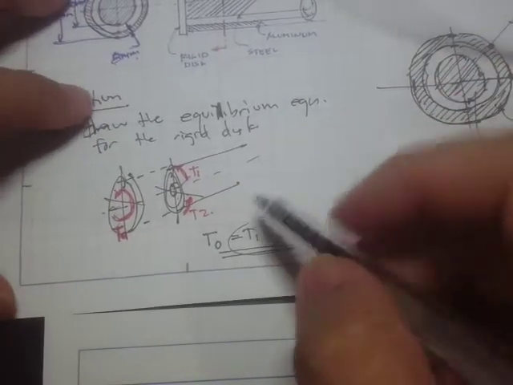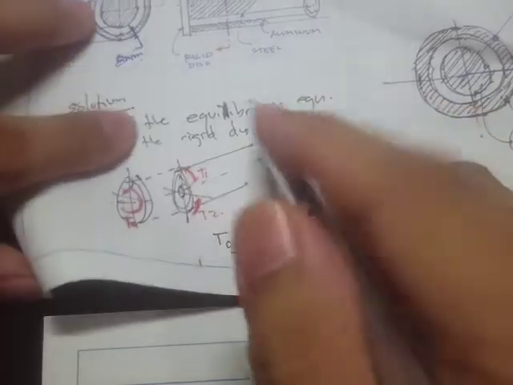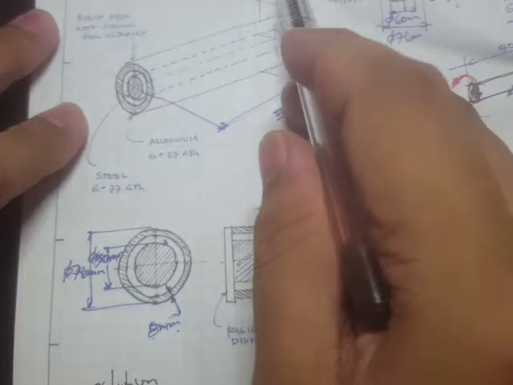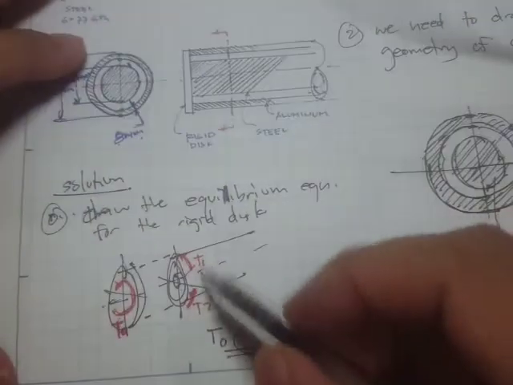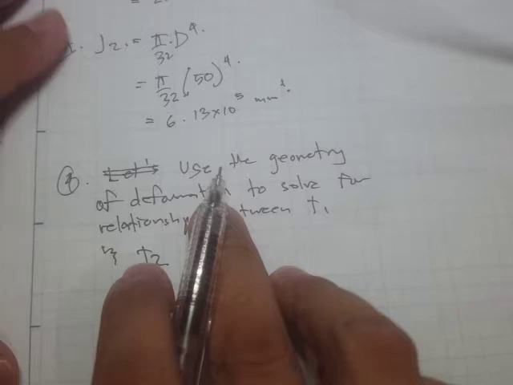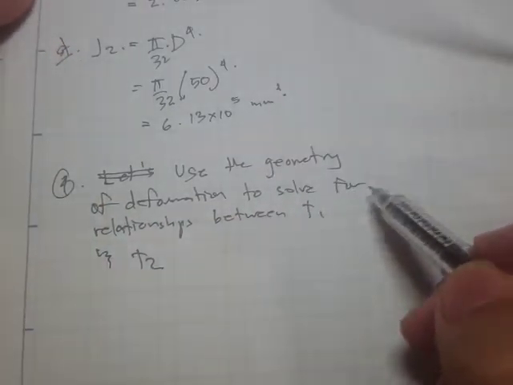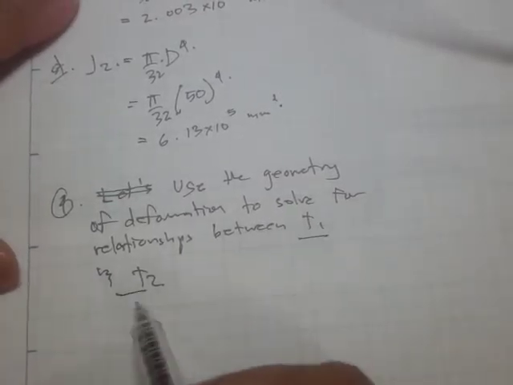And recall that, as I've said, it's going to have different torques because the geometry is different, the material is different, we have different modulus of rigidity. So basically the torque would be different. Okay, so going back to this step, let's use the geometry of deformation to solve for the relationship between T sub 1 and T sub 2.